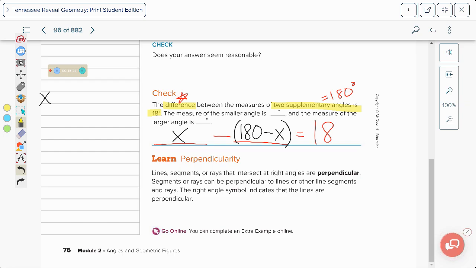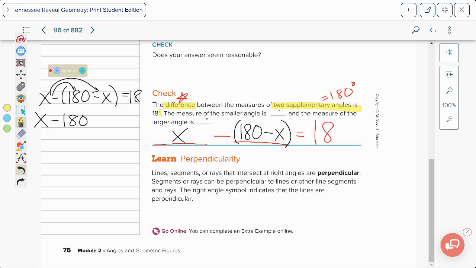So over to the side here, our equation is x minus (180 minus x) equals 18. 18, not 180. So whenever that negative sign is applied, we're left with minus 180, right?